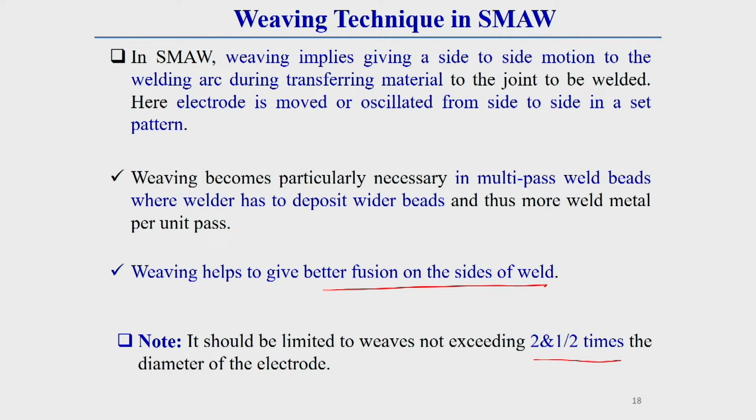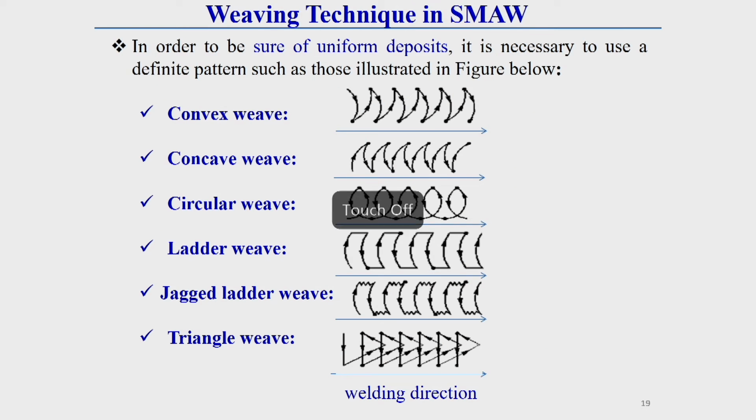Now we will see the different types of weaving operation. To be sure of a uniform deposit, it is necessary to use a definite pattern of weaving; it is not done arbitrarily. There are very definite patterns that we should follow.